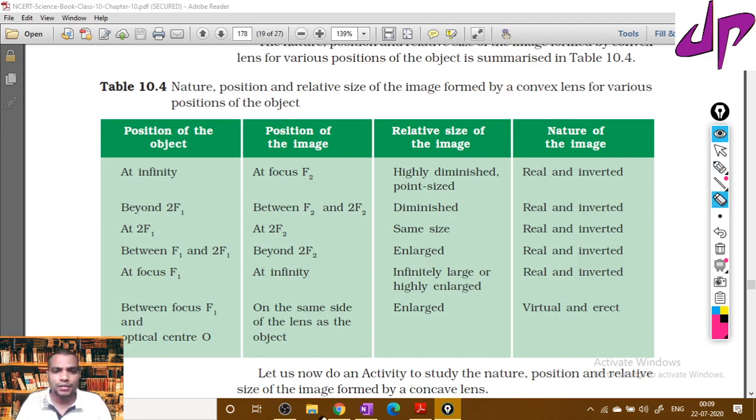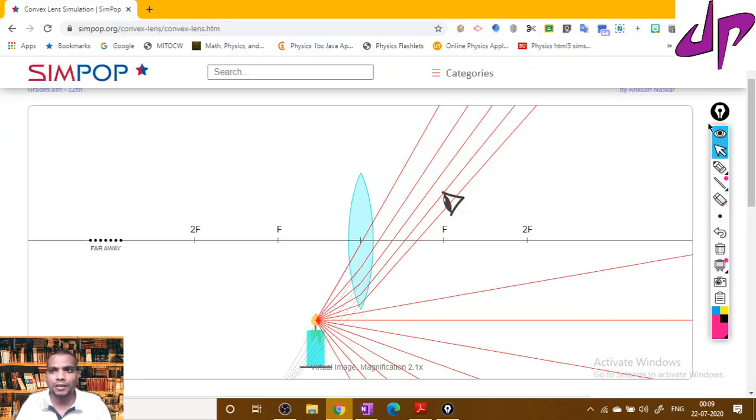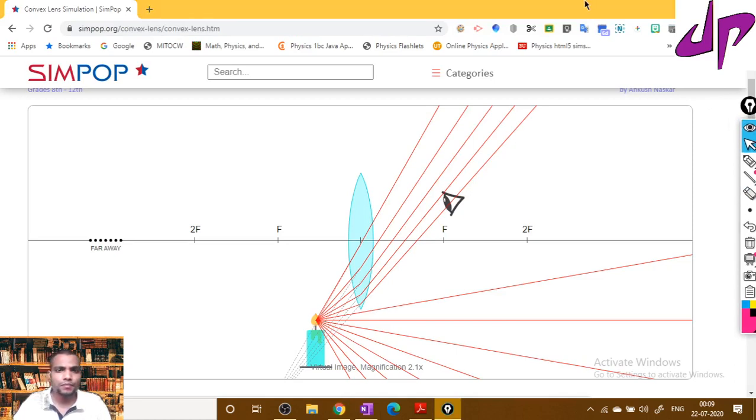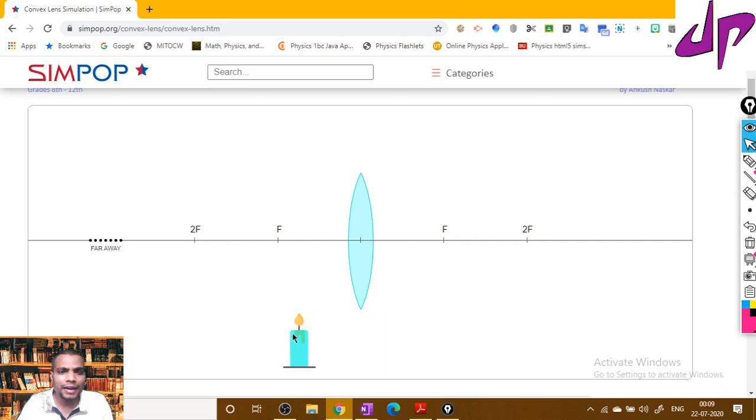Suppose I take a real setup. I have a real setup here. In this setup, this candle is my object. Now I can place this candle along this principal axis.